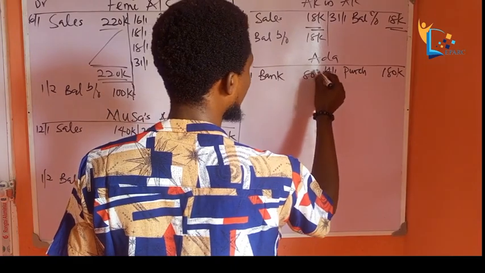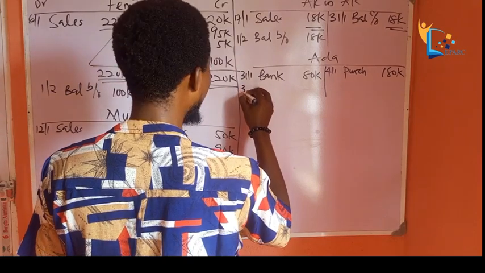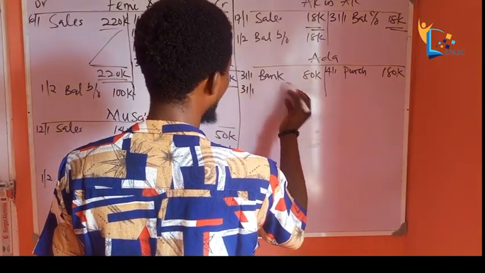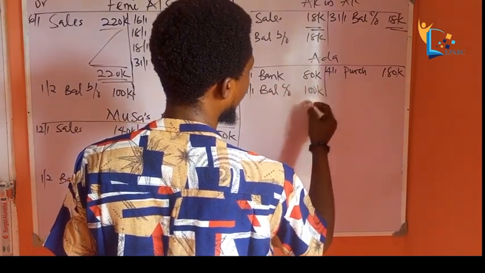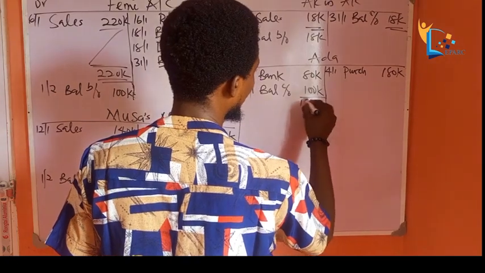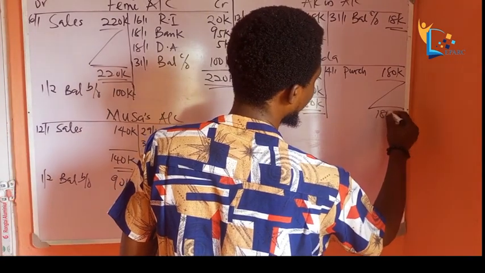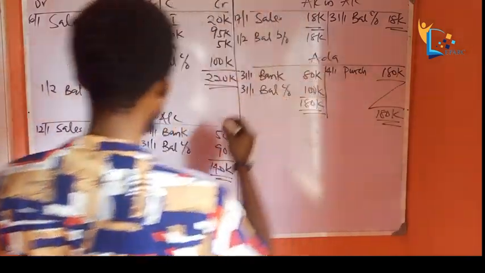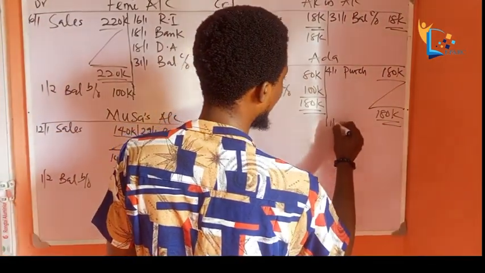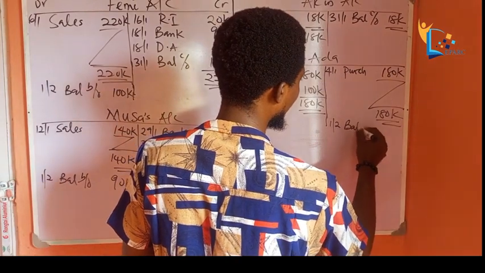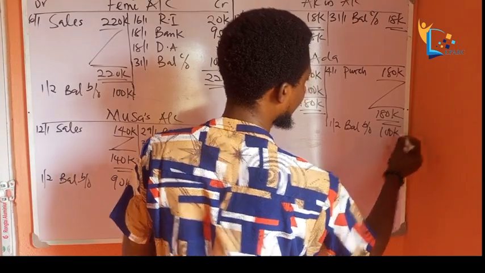How much? 80,000. So our balance now that we have to balance her is 100,000. So we have balance carried down 100K. Okay, is 180K. You rule 180K. Okay, so balance 1st of February, balance brought down, which is 100K.